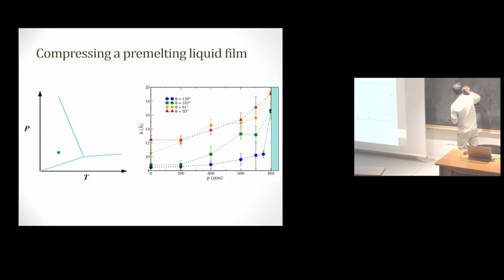So this is just a little bit of the phase diagram. If you go to huge pressures, you get another triple point. Is this what you mean? Yeah. Here you have ice 1H. Here you have ice 2. This is a triple point.